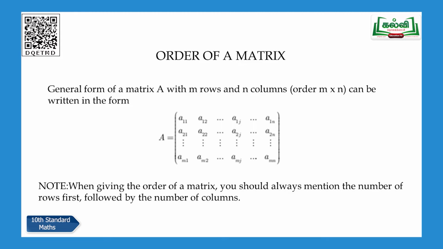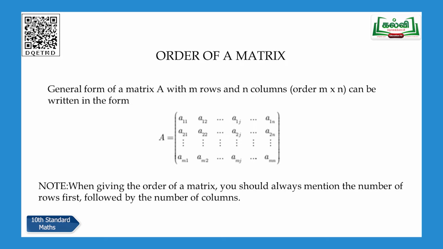In Am1, the first number m refers to the row and the 1 refers to the column. So Am1 is the mth row and the first column, then mth row, second column, and mth row, third column.